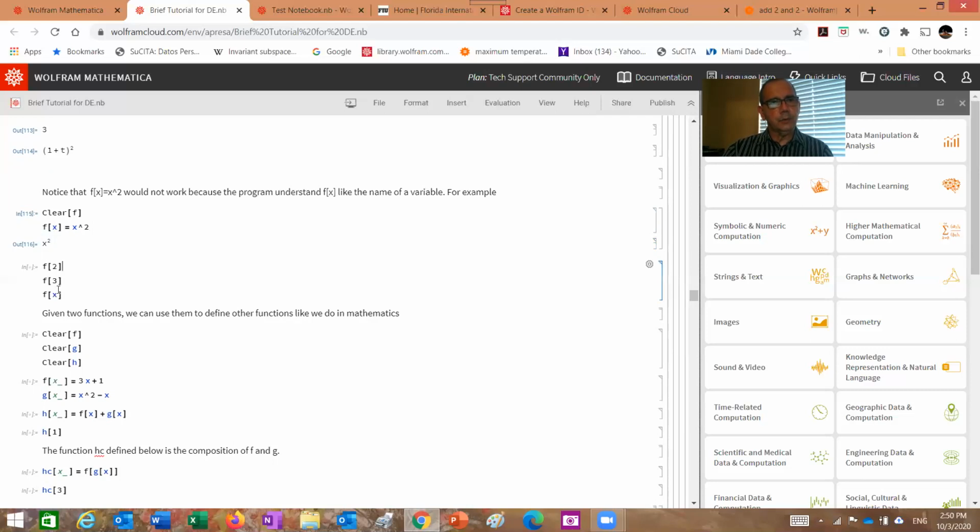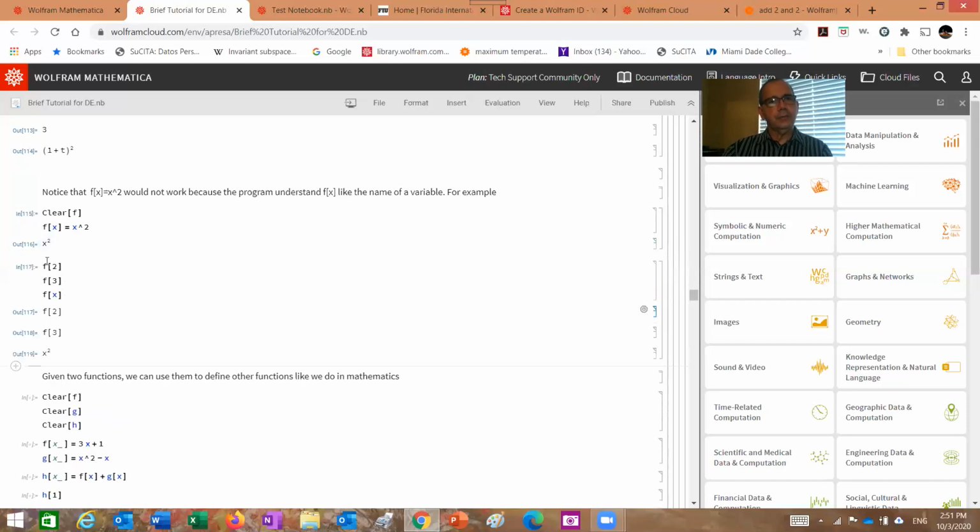If you evaluate this at 2, you evaluate this at 3, or you evaluate this at x, the only one that is going to work is the last one, because I'm telling it that f of x is given by that expression. But this defines only f of x, when you have an x here. When you replace the x by any other thing, it doesn't realize that you have to replace the x by that number. Let me enter this expression, shift enter, and you see that it returns f of 2 because it doesn't know how to find f of 2.